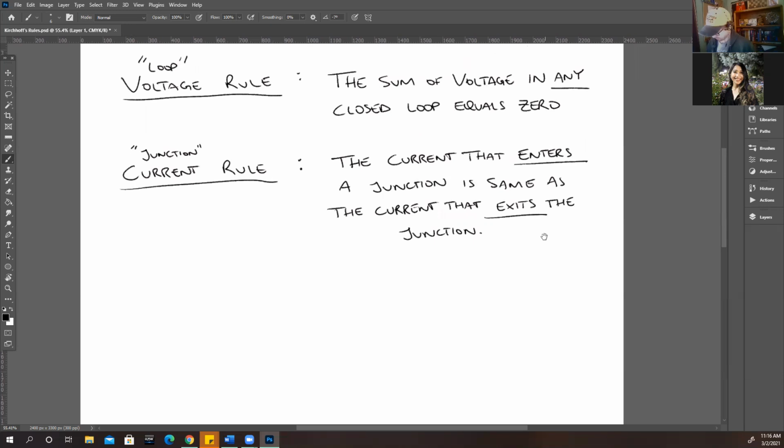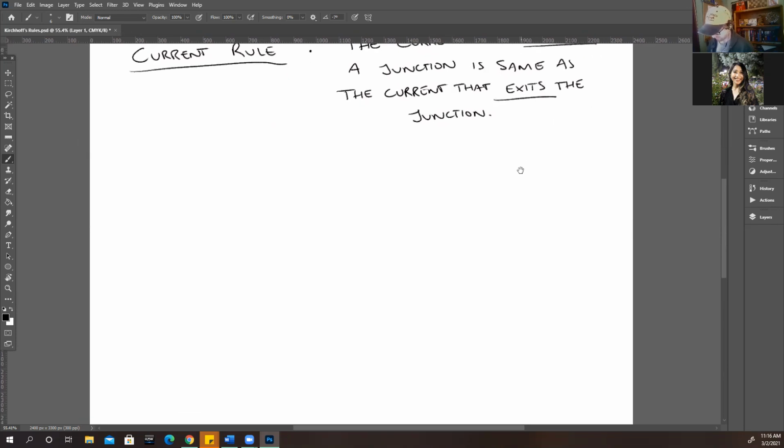So what do these look like? I could state these, but what do they mean? Very simply, let me do the loop rule, the voltage rule. If we had that battery, that arrangement we've seen last week in my notes, we had a battery.